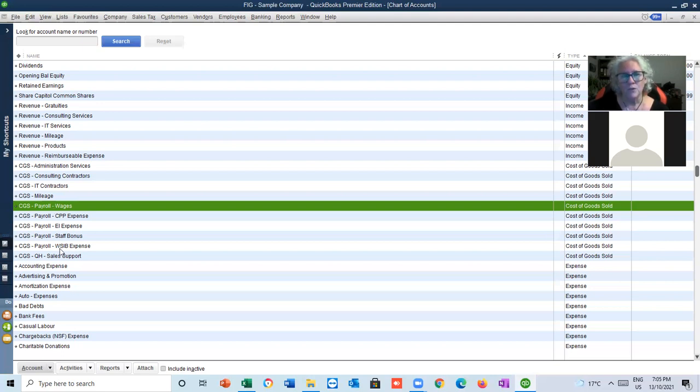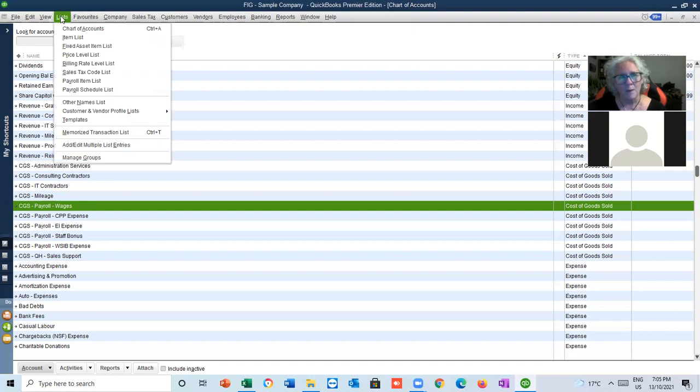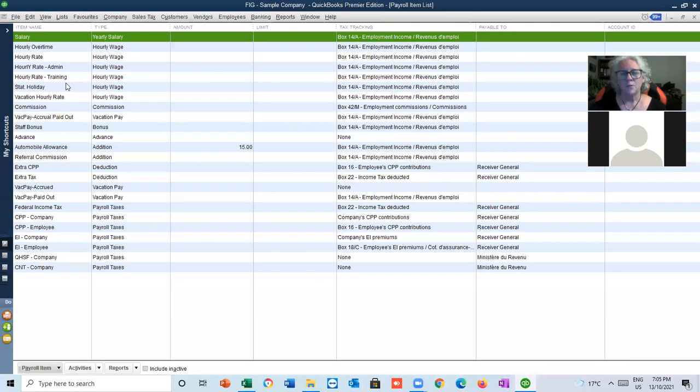And you can go to your payroll items and re-tag everything to these accounts. Just to bring that payroll item up, right here, if I go to Lists and I see Payroll Item List, this is where you can actually manage everything. Here are all of your items.